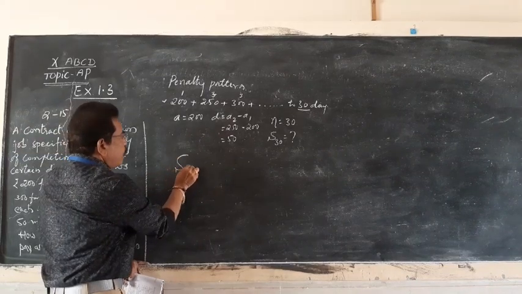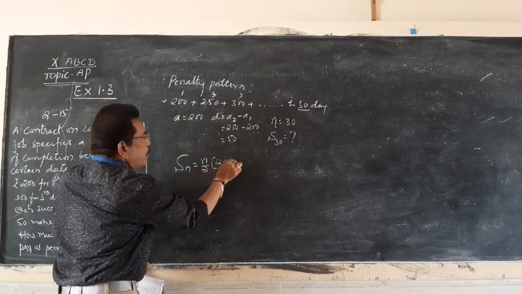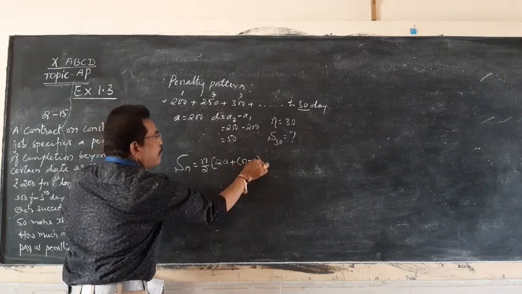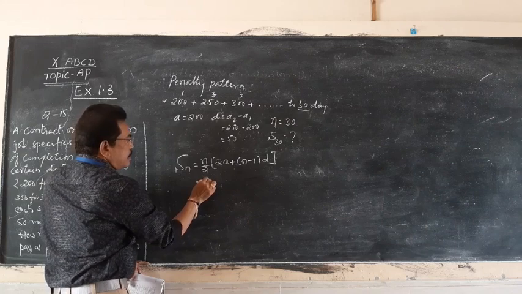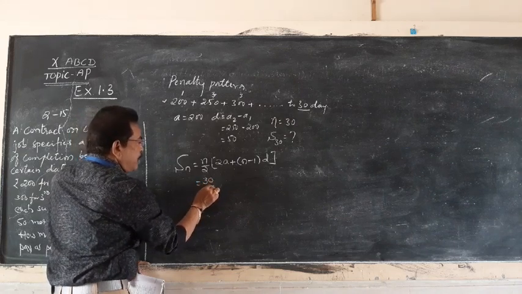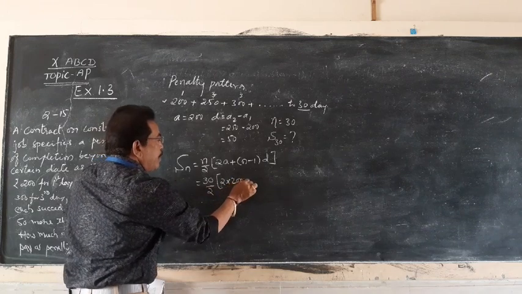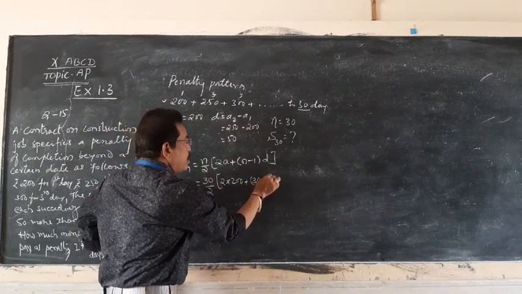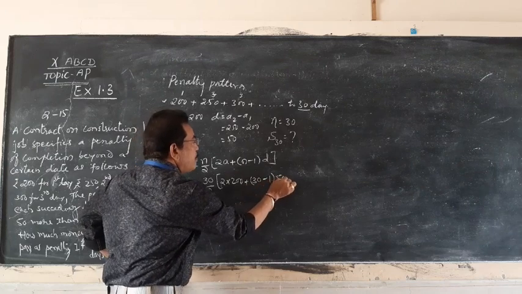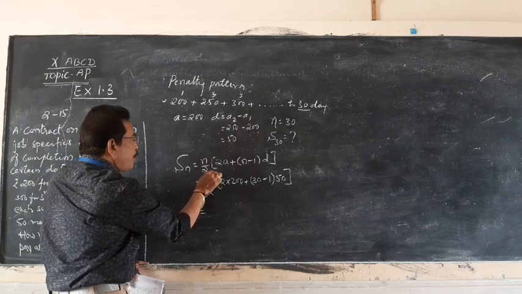Now Sn equals n by 2 in the big bracket 2a plus n minus 1 into d. That is 30 by 2 into 2 into 200 plus 30 minus 1 into d, that is 50. 2 ones are 2, 15 are.